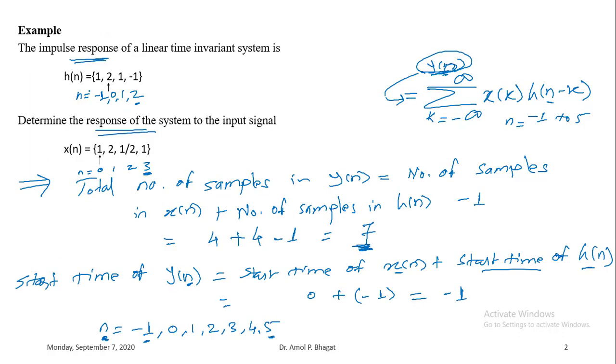Here you can simply specify the values of k. For example, you can increase these values. If you identify in the given sequences, considering h of n as h of k and x of n as x of k, in both cases the minimum value of k is minus 1 and the maximum value is 3.